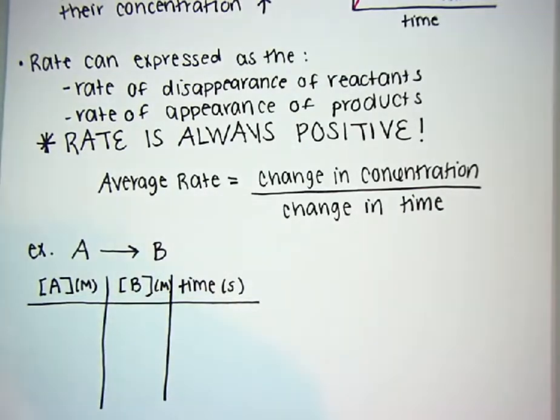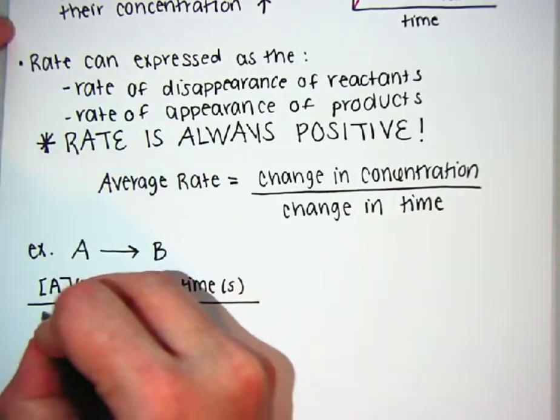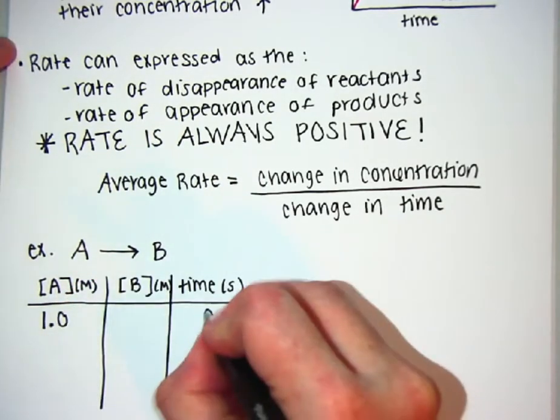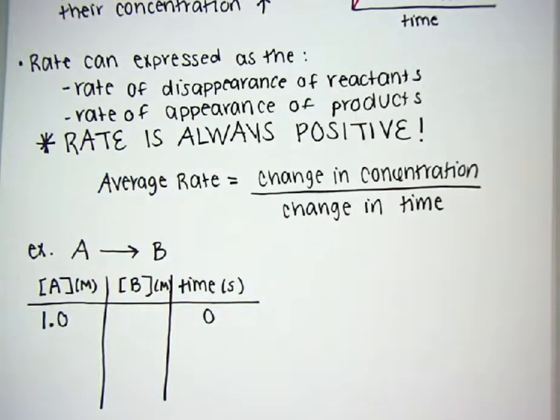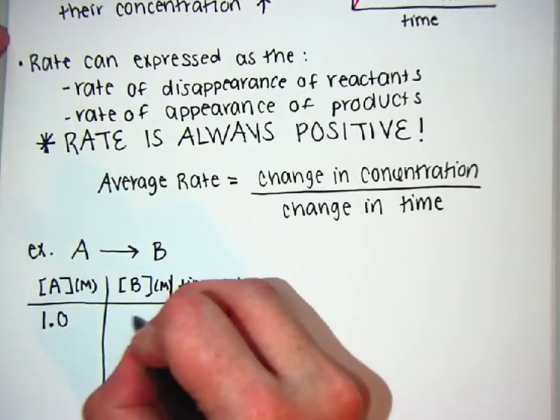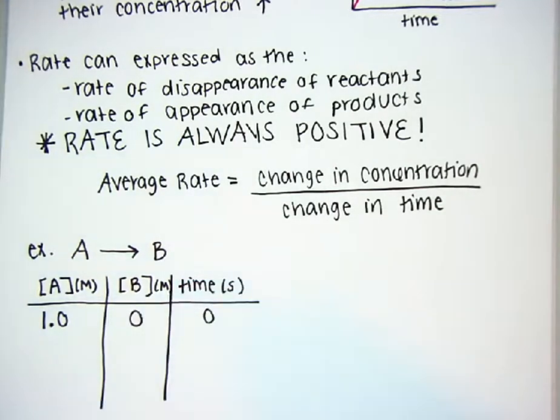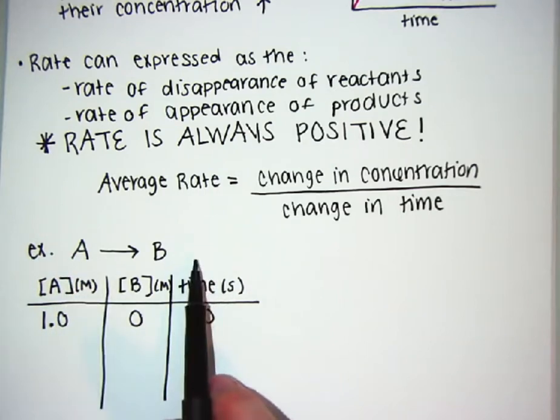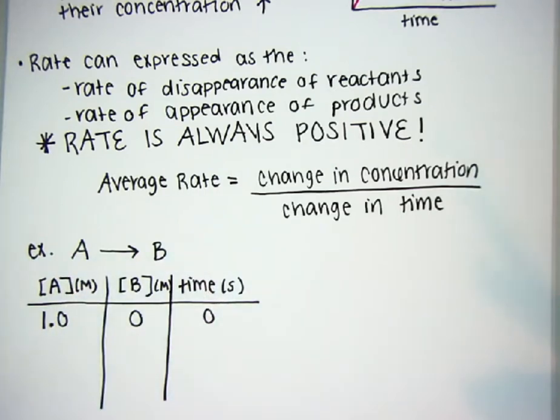Another important thing to note, sometimes you're not going to be given all of the information. Let's say at a time of 0, I had 1 molar of A. Well, the concentration of B would be 0. Sometimes you won't be given that value, but you should know that it's always going to be 0. Before this reaction occurs, I have 100% A and I have no B. Again, think about it like we're making cookies.